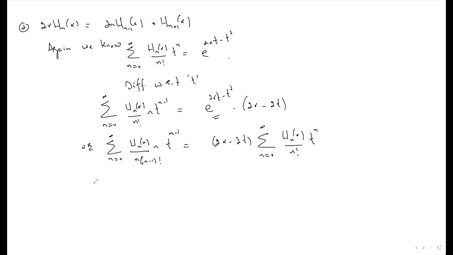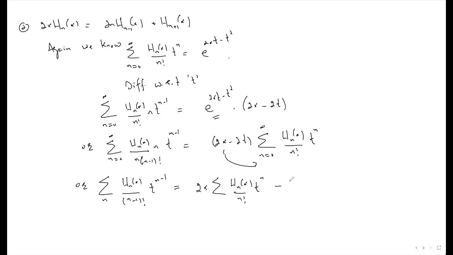Okay, very simple. See, this n and n will go. I will write this as summation over n h n of x divided by n minus 1 factorial t raised to power n minus 1. This will be equal to twice x into summation h n of x divided by n factorial into t raised to power n, when I multiply the 2 to this term.